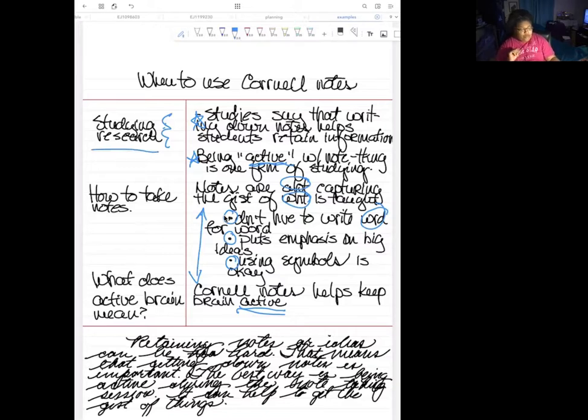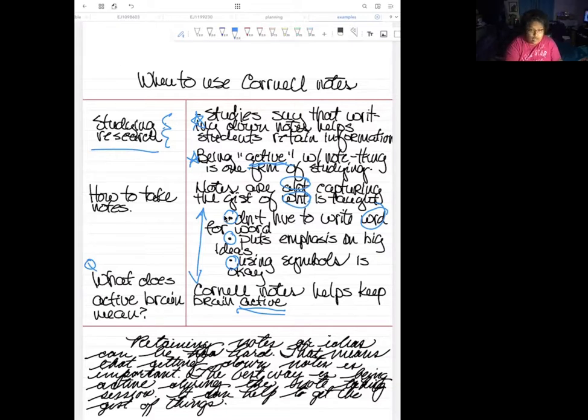And then as I'm reviewing this, I see that the word active is in here twice. The concept of being active with note taking is talked about twice, and I'm not quite understanding. So here's my question: what does active brain mean? Maybe this is a concept that's not discussed in your class or in the video or in the lecture.